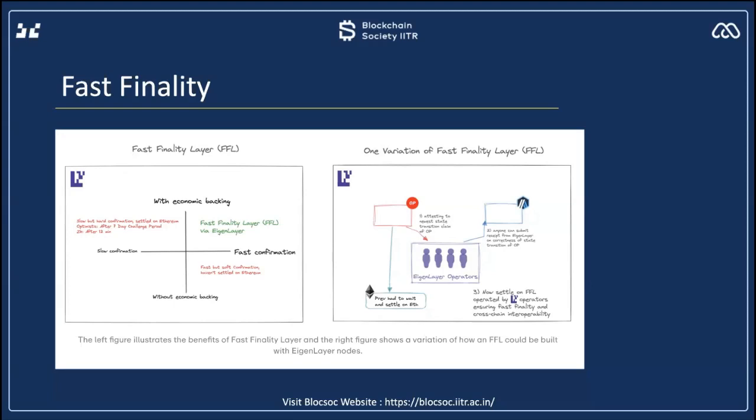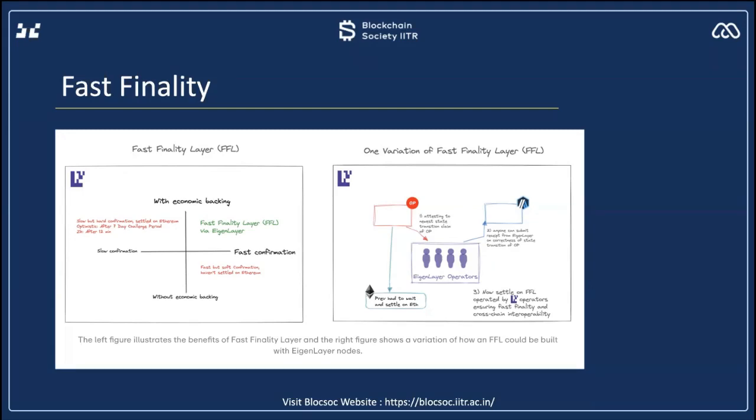One variation of this could be that previously, let's say Optimism has to attest the entire state of all transactions onto Ethereum mainnet. Now it can send that statement to EigenLayer operators, which can then submit a receipt that the state is correct on, let's say, a different chain like Arbitrum.